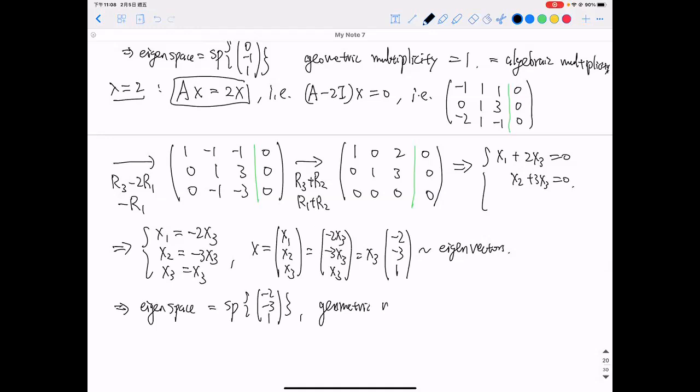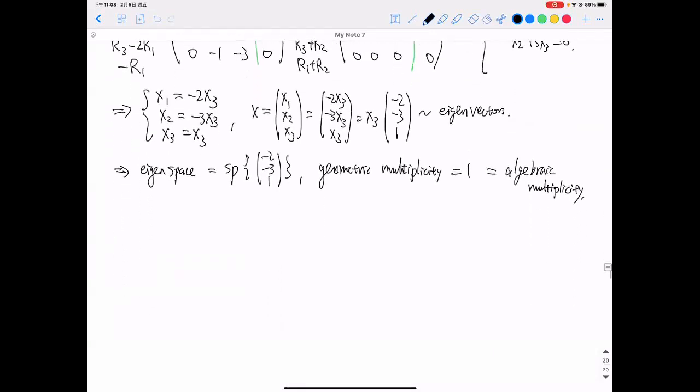Geometric multiplicity is 1. Again, the same as the algebraic multiplicity, which is also 1. Okay, that's lambda equals 2.